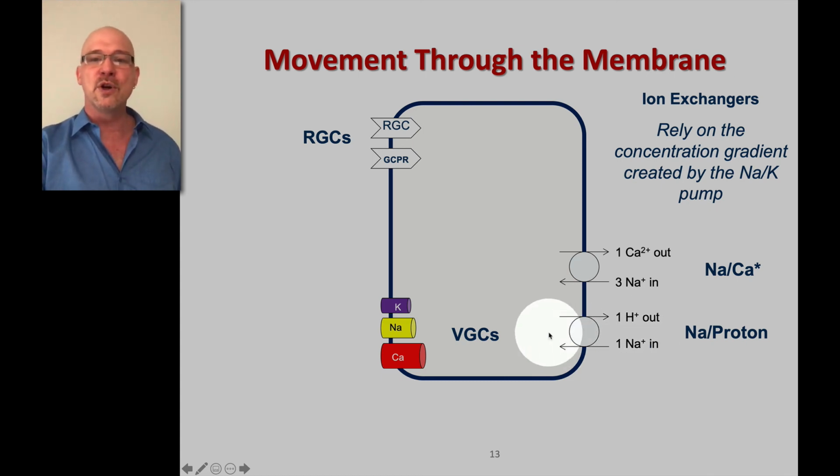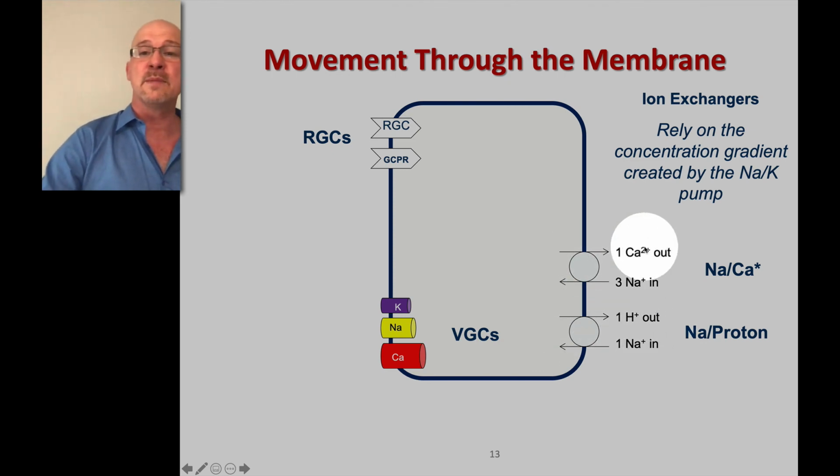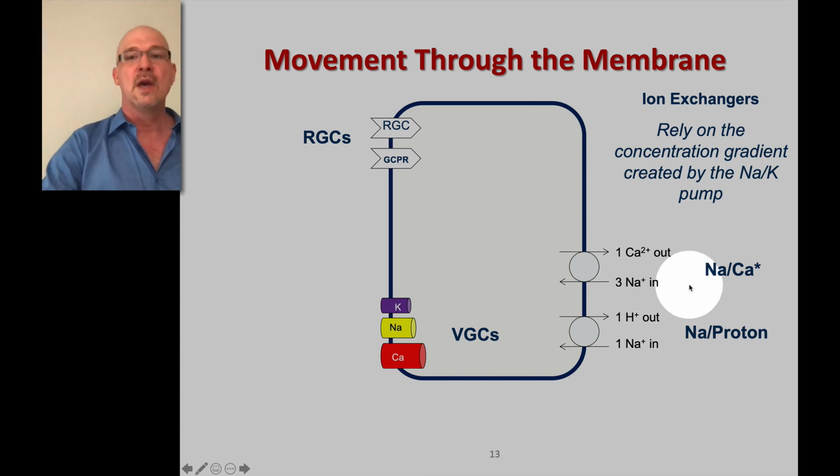So we push a sodium in, throw a hydrogen out, take two of these hydrogens that have been thrown out, bond them with oxygen, and we now change this dangerous hydrogen into water, which we can easily excrete from our body. This sodium goes back up to the sodium-potassium pump, gets exchanged using ATP, comes back down. The concentration here drives more hydrogen out, also drives more calcium out, and these exchangers can work because of the concentration of sodium out here, which we're developing with our pump.